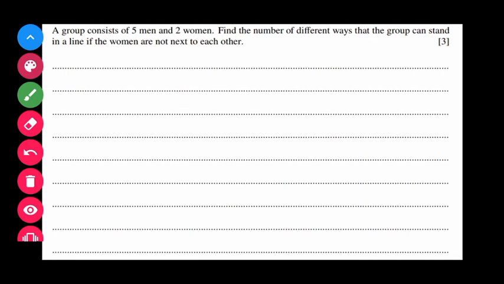So what they meant here is, if the women are not next to each other, that means no two women stand together. I hope you can do this question. So for that, pause the video, complete the work. Okay, let's go for the next question.